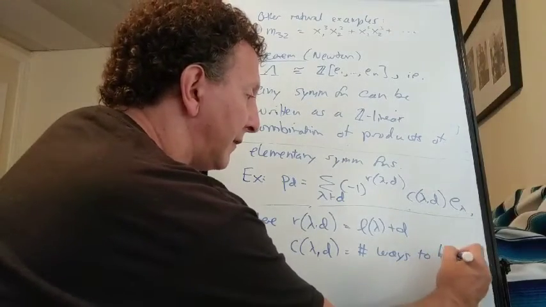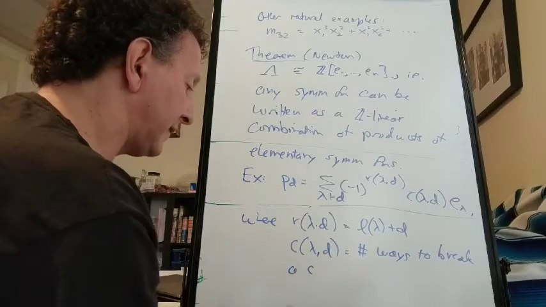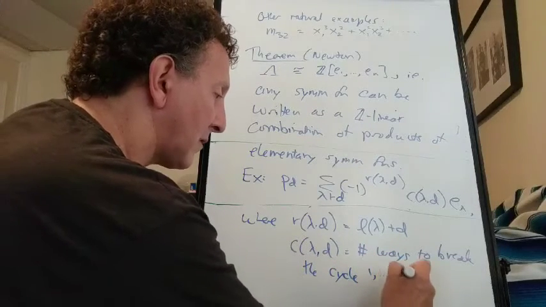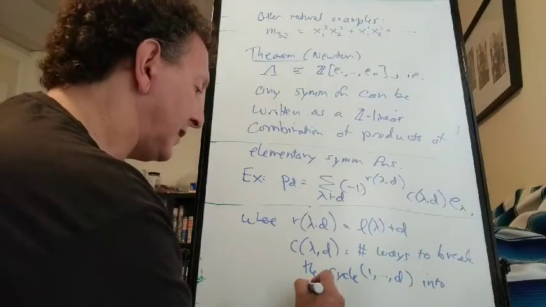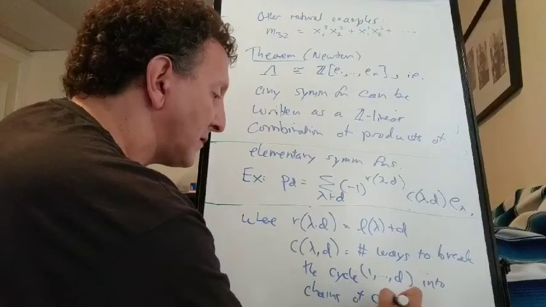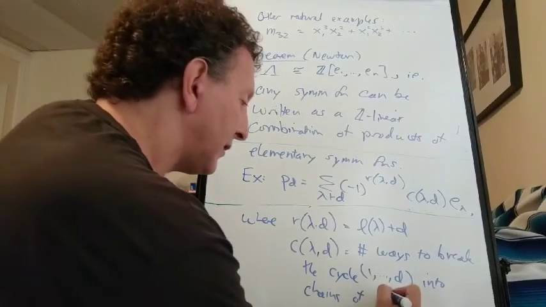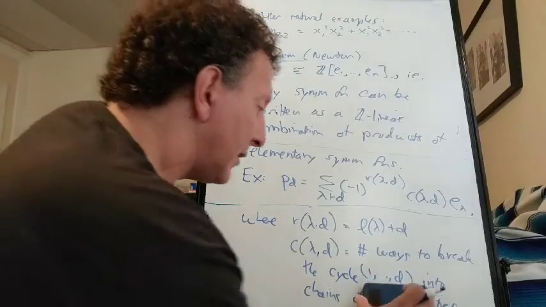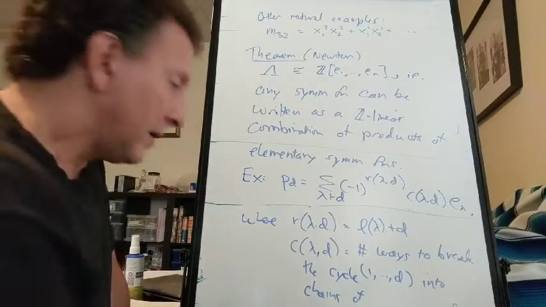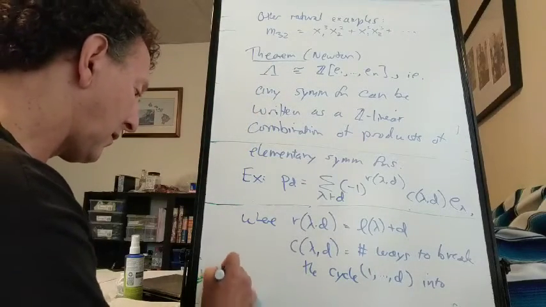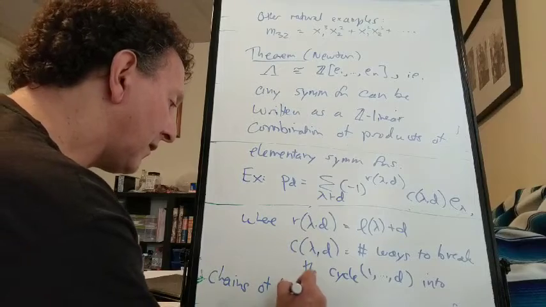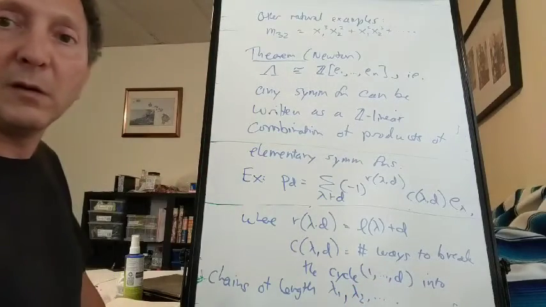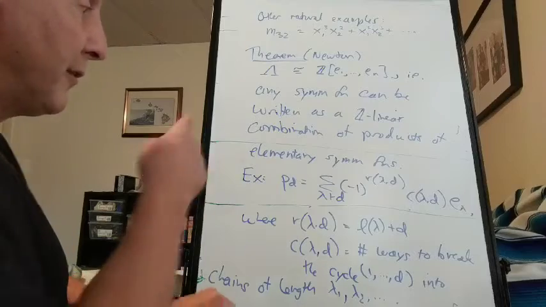to break the cycle 1 through d into chains of length lambda 1, lambda 2, etc. Alright, so let's do this for the fourth power sum symmetric function.